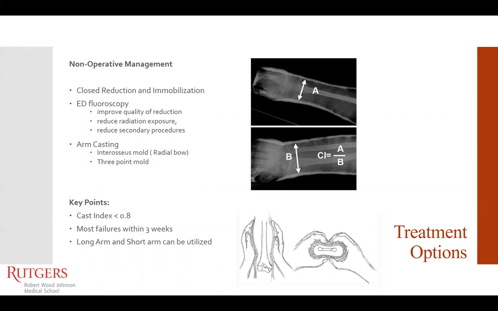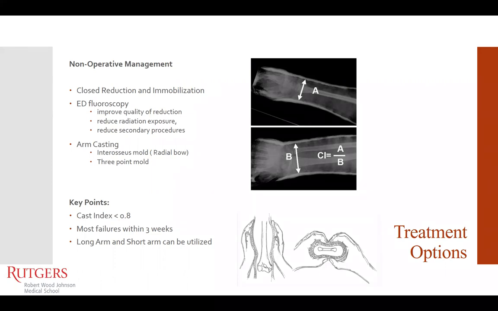Another important point here is comparing how you want to create your immobilization. There's been quite a bit of literature comparing long arm casting and short arm casting. The long arm cast does prevent flexion, extension, and rotation, which can limit the angulation and displacement risk that you see. But there is strong evidence that shows that well-molded short arm casts can control supination and pronation appropriately.